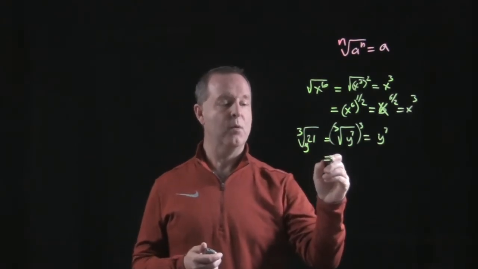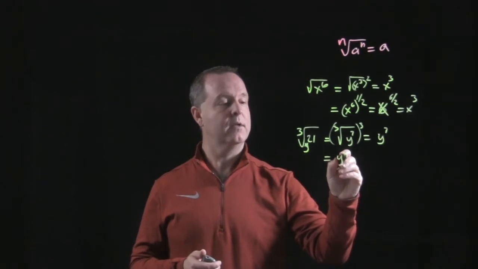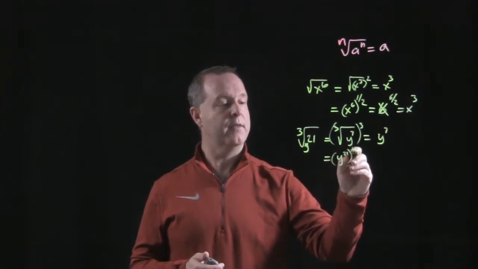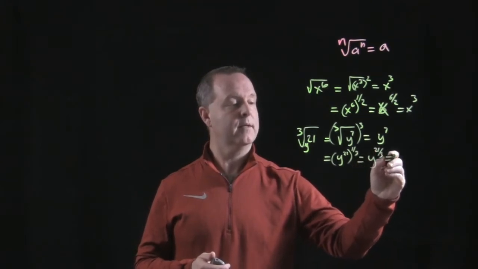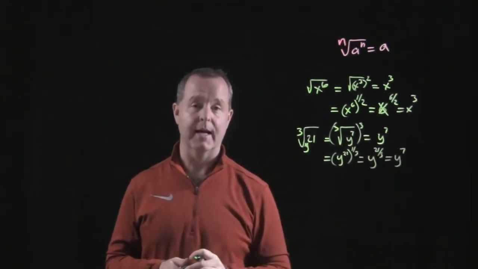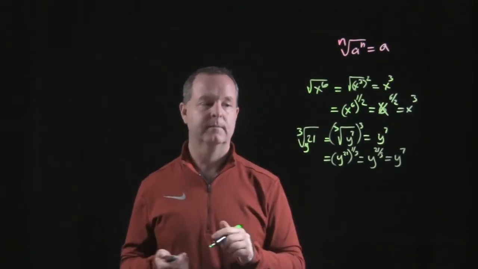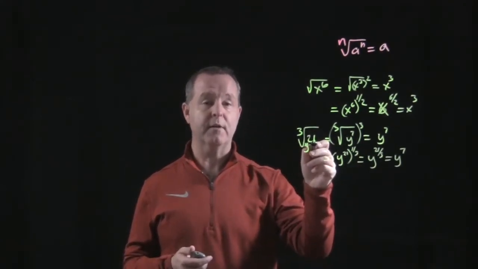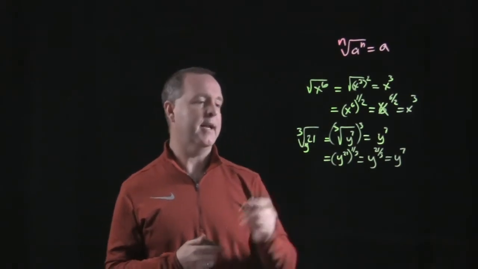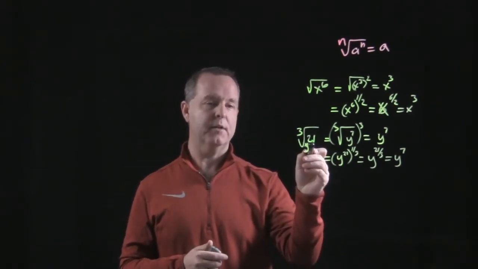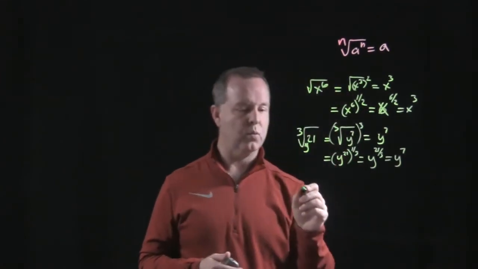Or, if you want to work with it in exponent world, this becomes y to the 21st to the 1/3, which equals y to the 21st over 3, and that also equals y to the 7th. So y to the 21st is a perfect cube. And again, the clue is, does the 21 divide by the index evenly? That shows me.